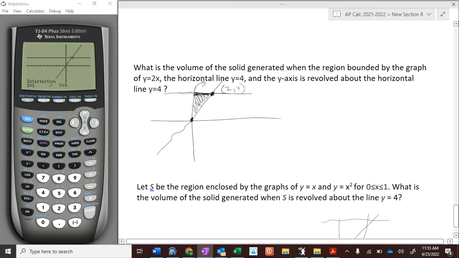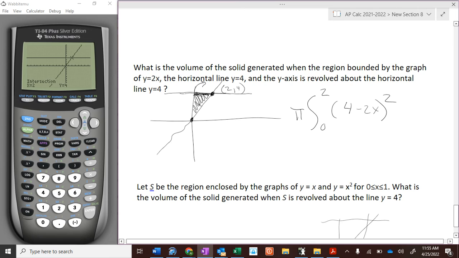So how do we set up our integral? Integral from 0 to 2 of pi r squared. How do we figure out our radius? 4 minus 2x.